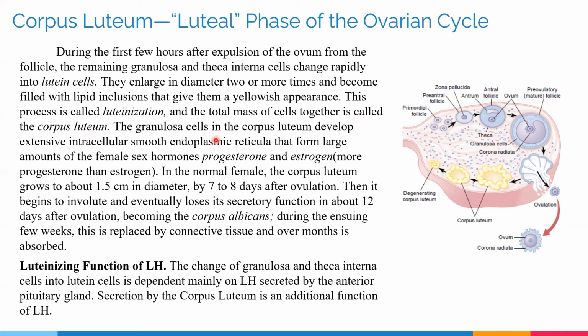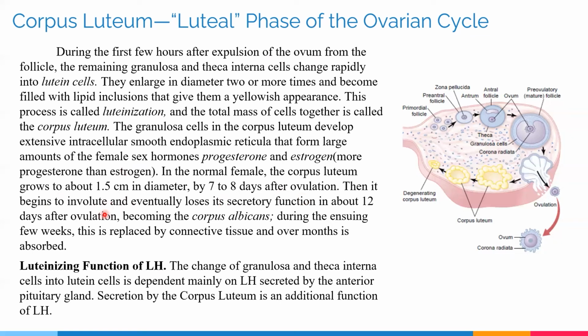The granulosa cells in the corpus luteum develop extensive intracellular smooth endoplasmic reticula that form large amounts of the female sex hormones progesterone and estrogen, with more progesterone than estrogen. In the normal female, the corpus luteum grows to about 1.5 centimeters in diameter by 7 to 8 days after ovulation.